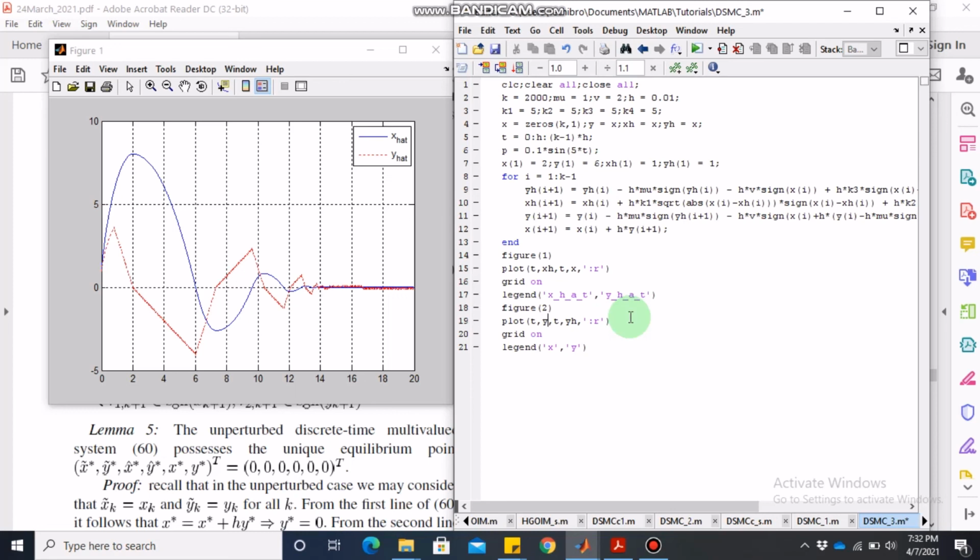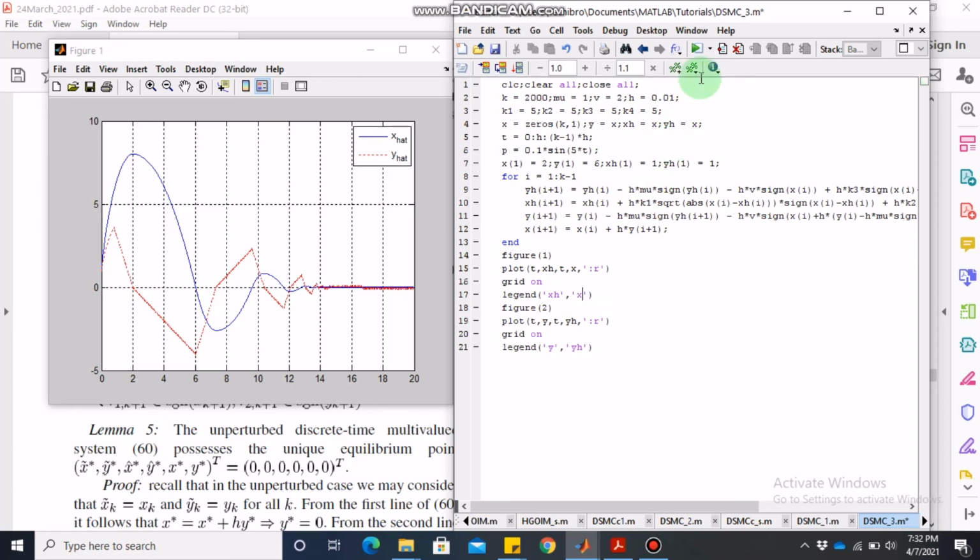So then we will have to call this y, and this y hat, and this x hat, and this x. Let's see how they compare.